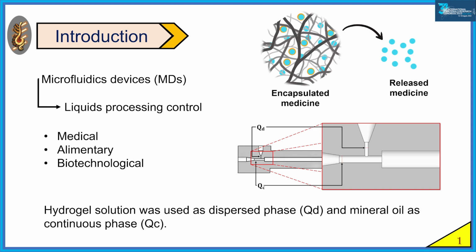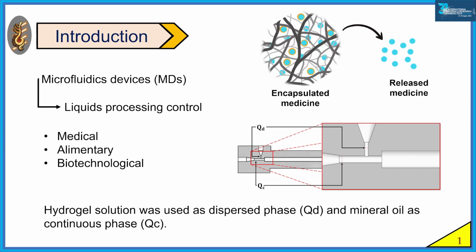First of all, microfluid devices allow us to manipulate small quantities of liquids for processing, usually in the shape of microparticles. Different fields such as medical, alimentary, and biotechnological have used microfluid devices because of the stability, control, and time optimization that they achieve.